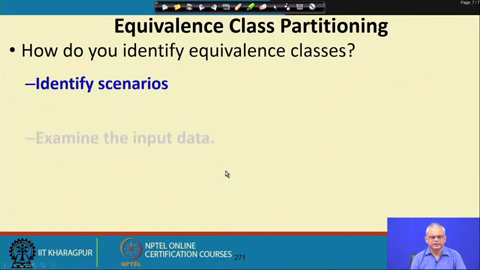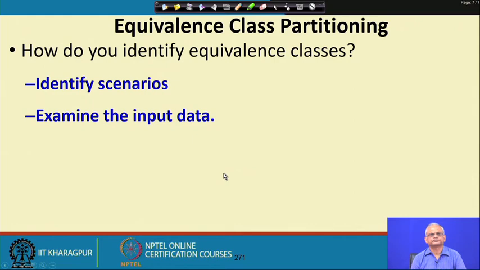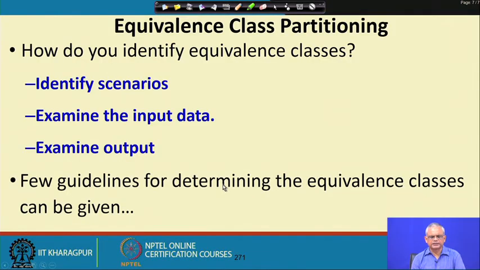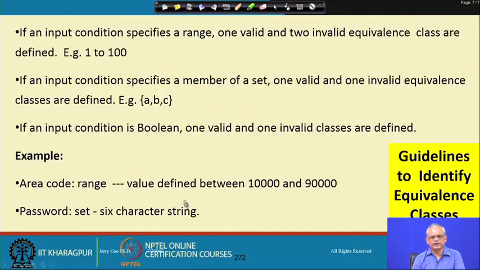One is, we need to identify the scenarios, we need to examine the input data, we need to examine the output data, and then based on this we need to design the equivalence classes. But that is a bit of a vague statement. Can we tell something more concrete? We will give that in the form of a few guidelines.